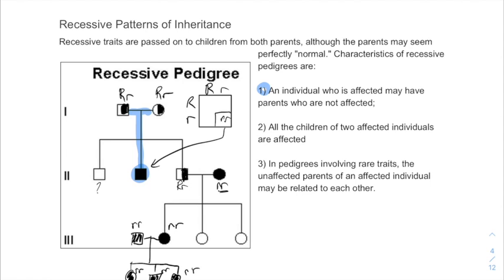Also, if a parent has the disease, that means that all of their unaffected children are also carriers. So these are all sort of fun things that we can figure out as we go along.